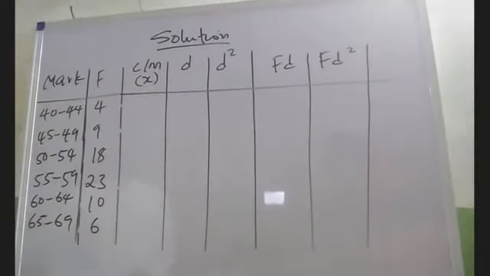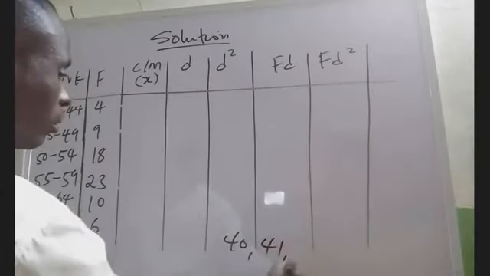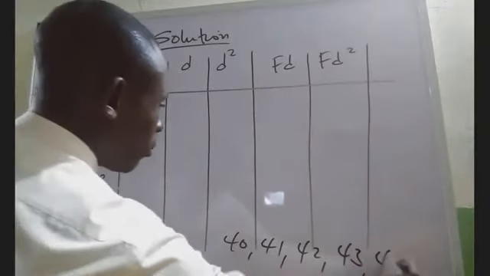Now let's see the solution. This is the mark ranging from 40 to 44. You remember the class mark here? The class mark will be the median of each class. So let's take the first one, for example. We have 40, 41, 42, 43, 44.